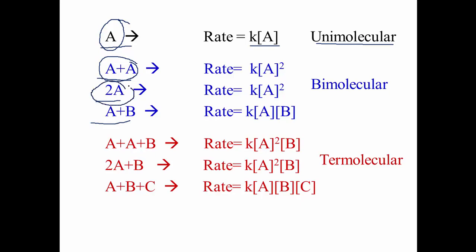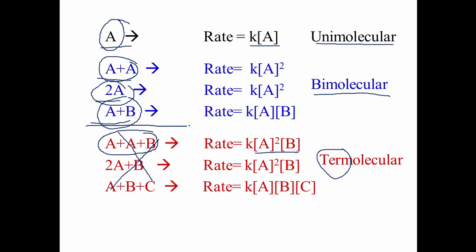Two A's collide here, an A and a B. Bimolecular and unimolecular are very common. Termolecular means you have three or more particles all colliding at the same time. And statistically, these just do not happen. So most of your mechanisms are written with these simple bi and unimolecular steps.